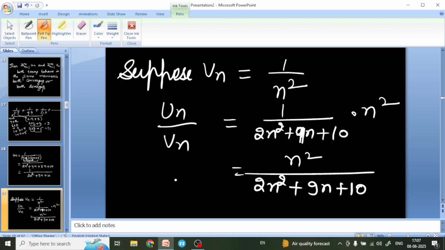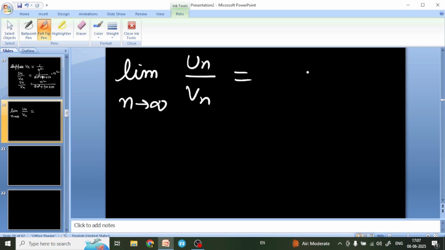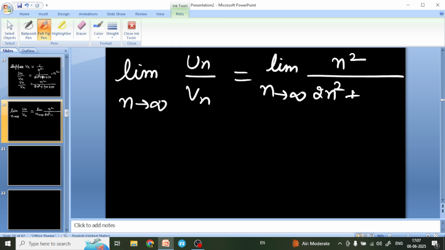After that, we will take limits on both sides. Limit n to infinity of un over Vn is equal to limit n to infinity of n raised to power 2 over 2n raised to power 2 plus 9n plus 10.